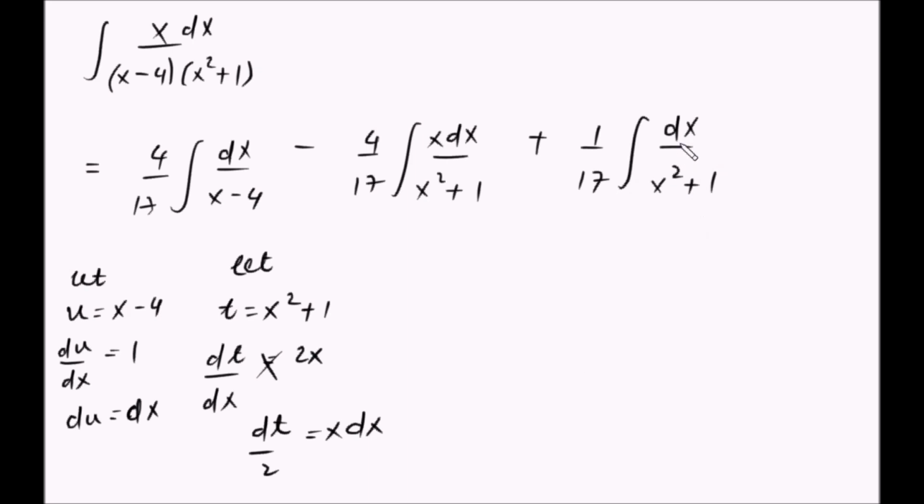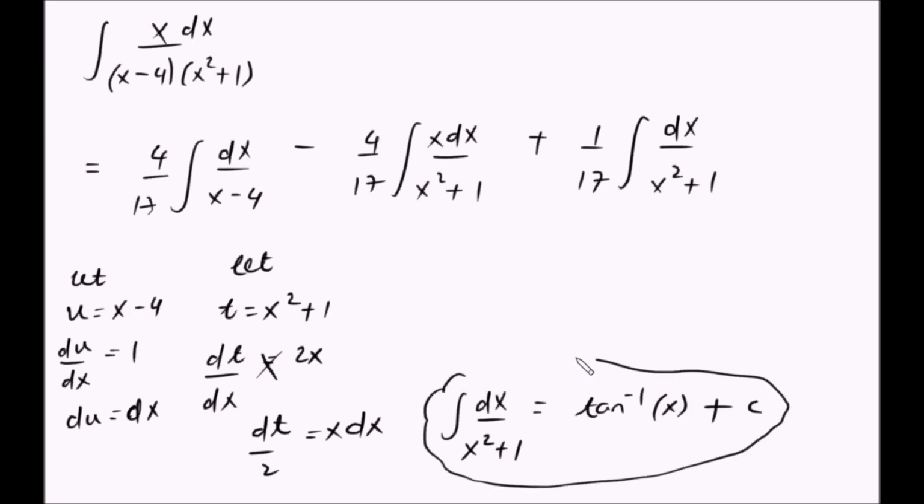Alafu hii ya mwisho sasa, umeiona hii? Hii dx over x square plus 1, remember tu ile standard forms, ni sawa na tan inverse of x plus c. Kwa hiyo kumbe huyu jamaa sasa atakuwa hivi, atakuwa 4 over 17. So dx tunasema ni du, alafu x minus 4 tunasema ni u, minus 4 over 17.